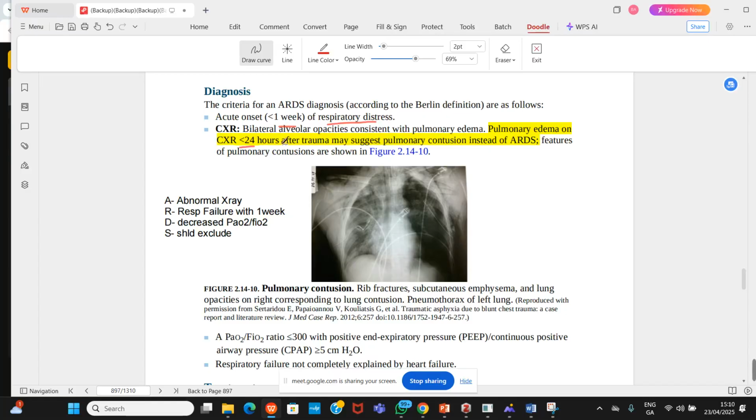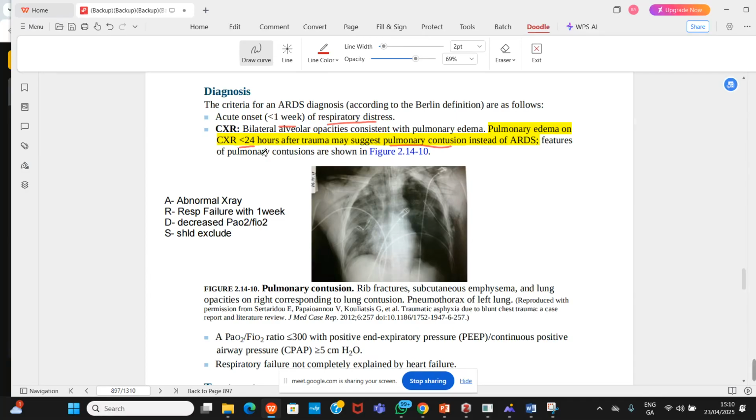So we expect all these bilateral opacities to actually develop after 24 hours minimum. If you see bilateral alveolar opacity within 24 hours after trauma, think about pulmonary contusion. Don't ever miss it. Think about pulmonary contusion, although most of the time, pulmonary contusion will be unilateral.